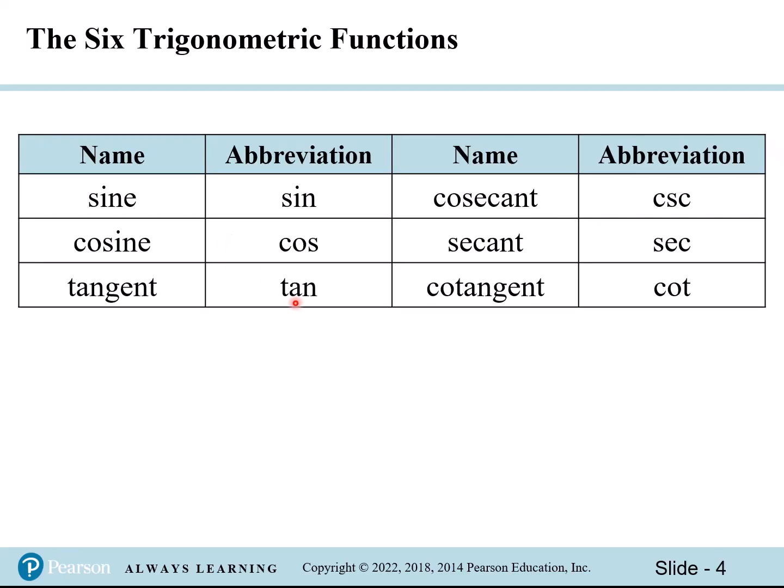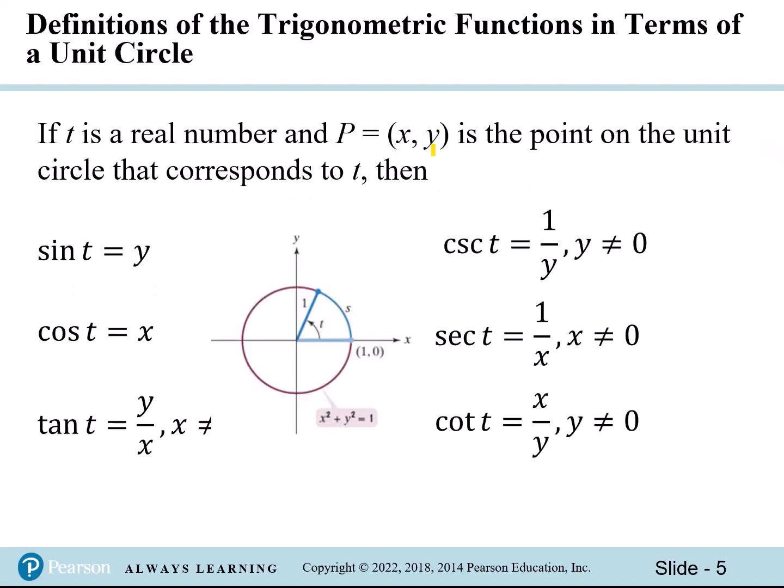All right? We are now going to learn how to represent the 6 trigonometric functions in terms of a unit circle. Previously, we learned how to define the 6 trigonometric functions using the sides of a right angle triangle. I'm going to quickly review that here.